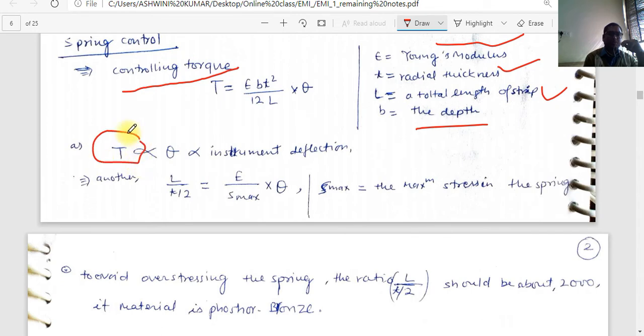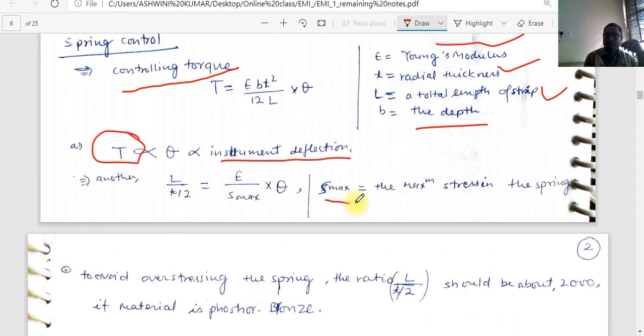The torque T is proportional to theta, meaning proportional to the instrument deflection. Another relation: L divided by t by 2 is equal to E divided by S max into theta, where S max is the maximum stress in the spring.